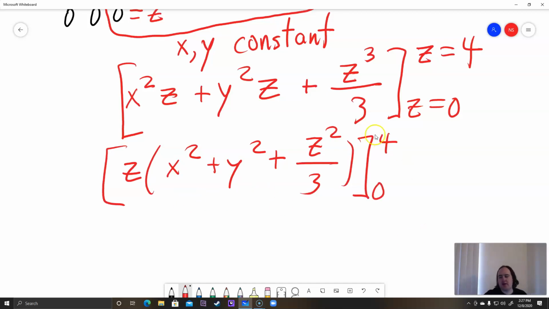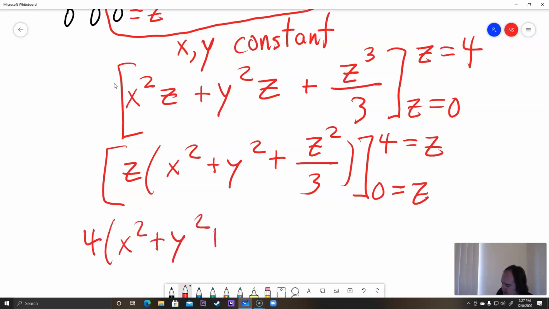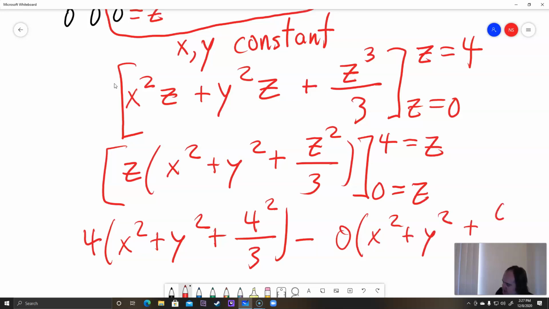So you plug in the top number for z. So this is going from z equals 0 to z equals 4. So we're going to get 4 times the quantity x squared plus y squared plus 4 squared over 3, minus, well, for the next one, we have 0 times the quantity x squared plus y squared plus 0 squared over 3.